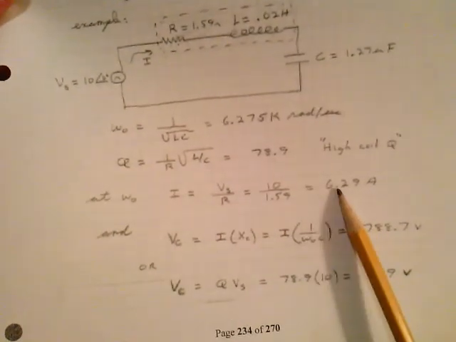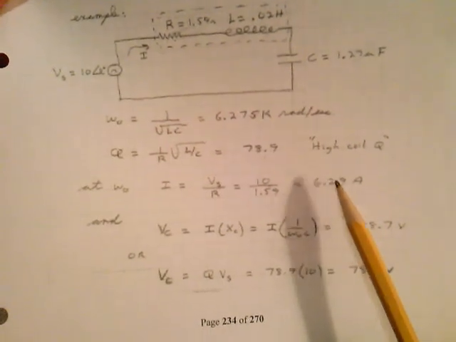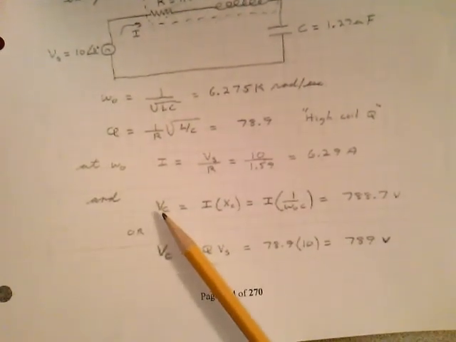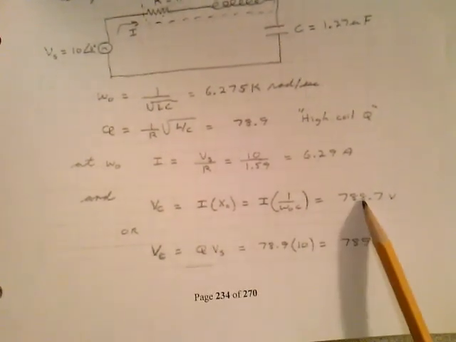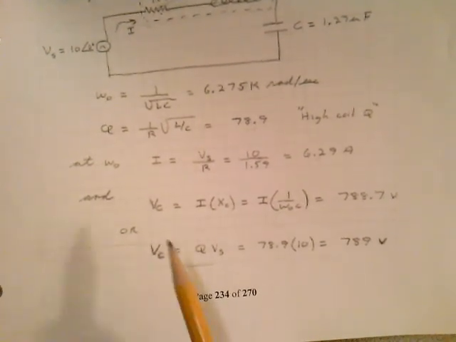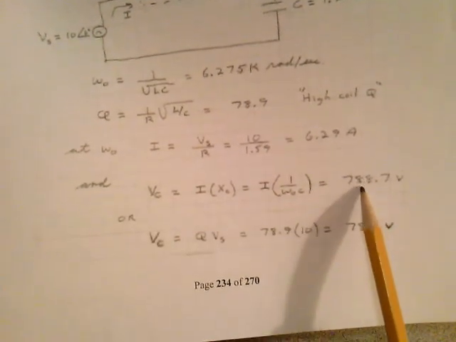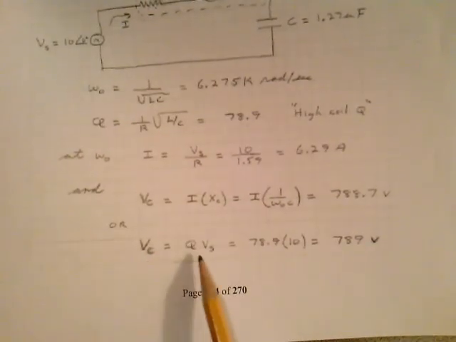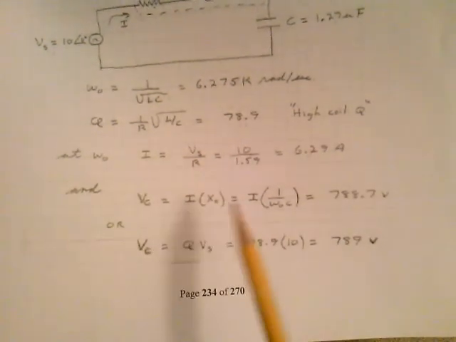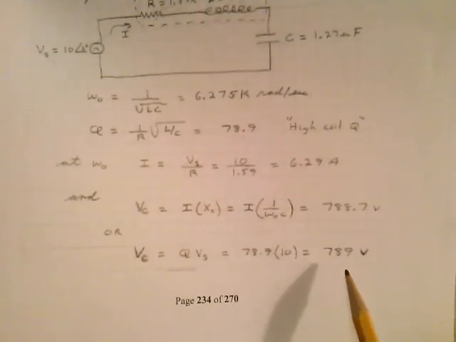So I just go down here and I calculated the current in this circuit, and I used the current to define the reactive voltage rise for V sub C, which will be the same thing as V sub L. I'm just calculating one of them here, and V sub C using the Q factor. So I use both the current and the Q factor, and you see, minus round off, you get the same thing.